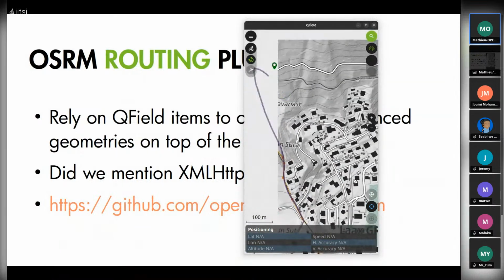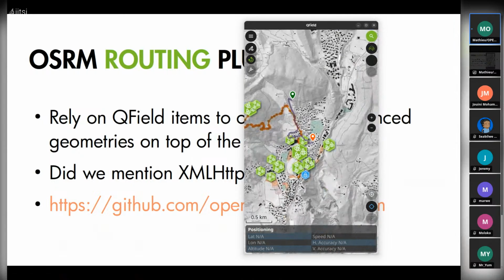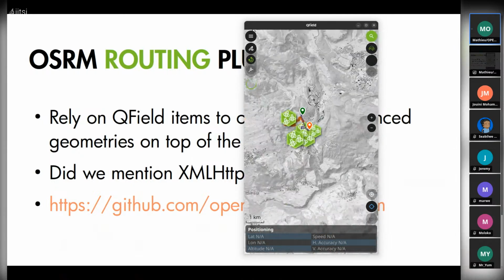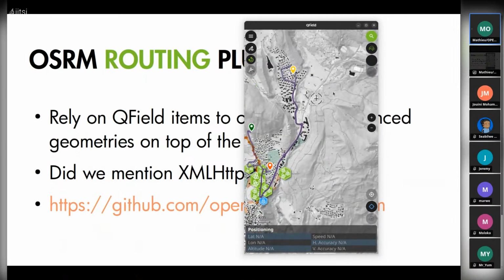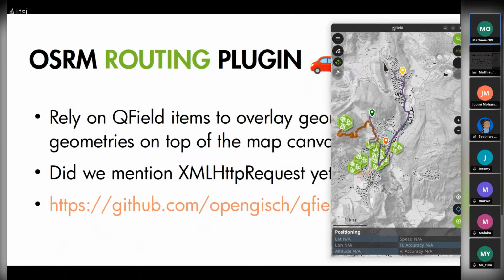I don't know if you guys can see it. It is in purple here. You will be given a route from one point to the other, and you can also add intermediary points, and then you will get an OSRM route provided by the OSRM routing API, again using an XML HTTP request.